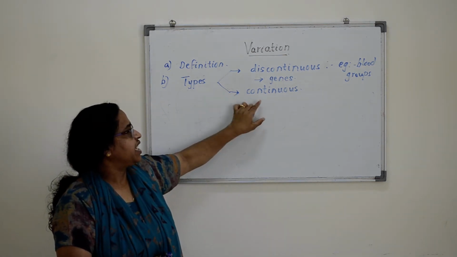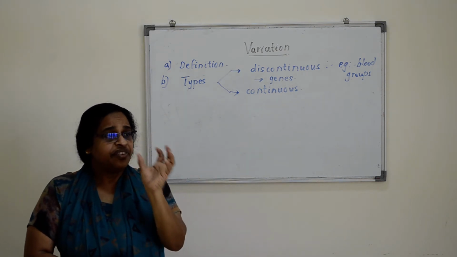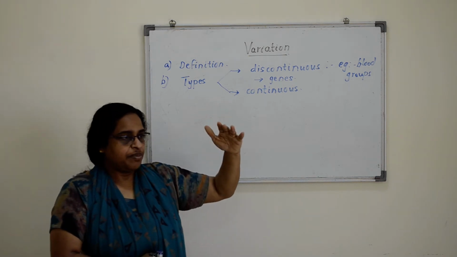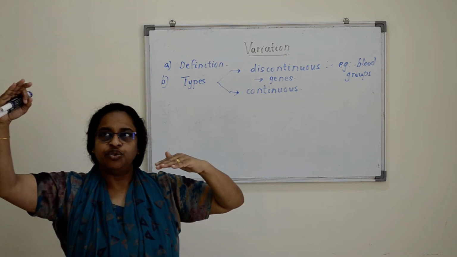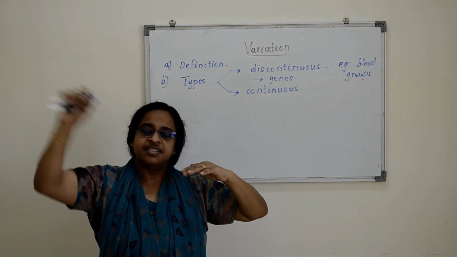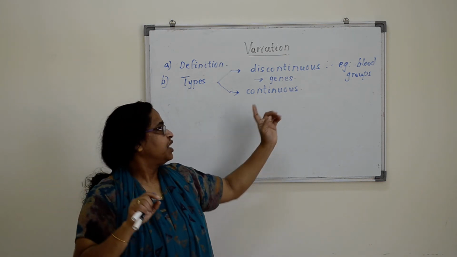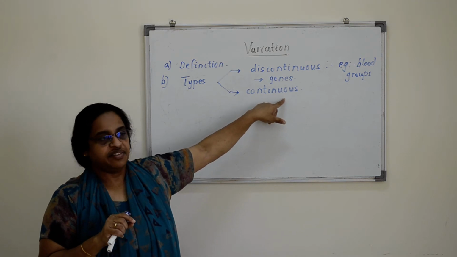That type of variation, we call continuous variation. That means there is no fixed number. In your height, maybe there is a low value and there is a high value, but most of you are falling in the same category. That kind of difference, we call continuous variation.